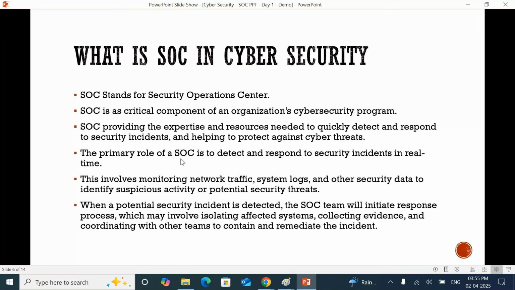This involves monitoring network traffic, system logs, and other security data to identify suspicious activities or potential security threats. When a potential security incident is detected, the SOC team will initiate a response plan, which may involve isolating affected systems, collecting evidence, and coordinating with other teams to contain and remediate the incident.